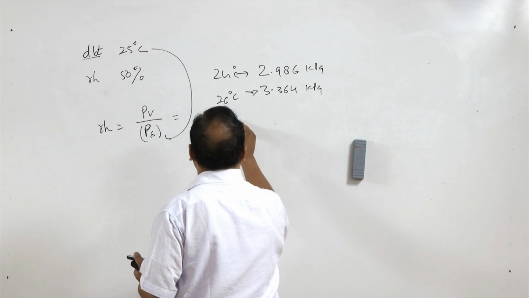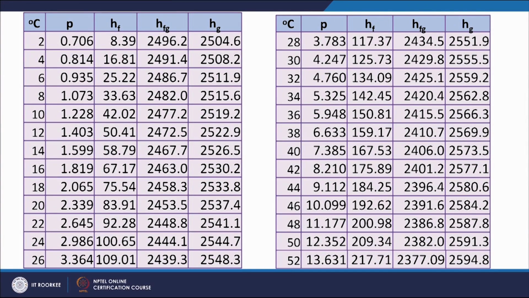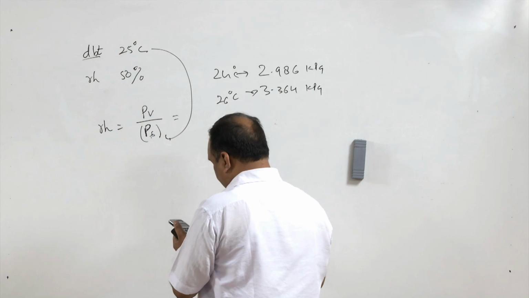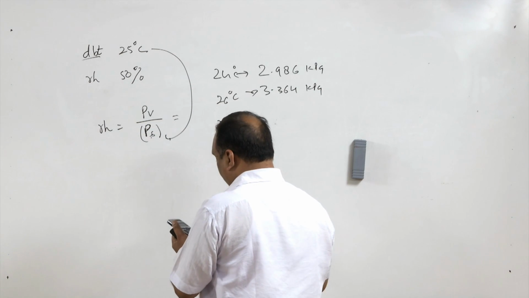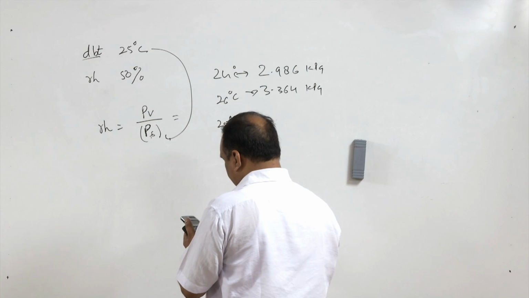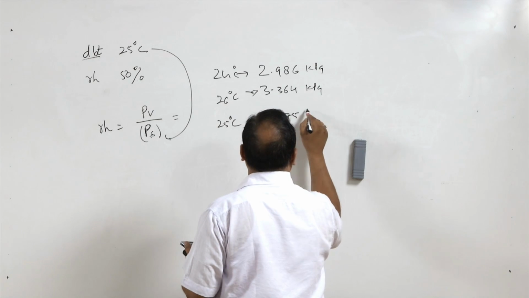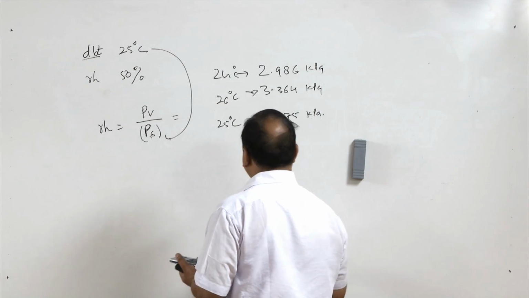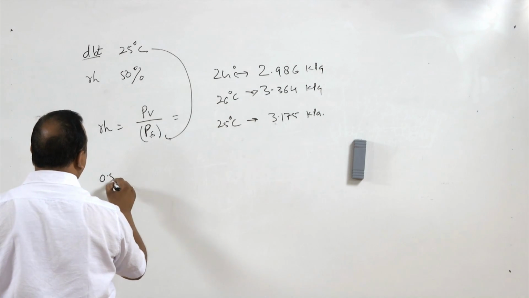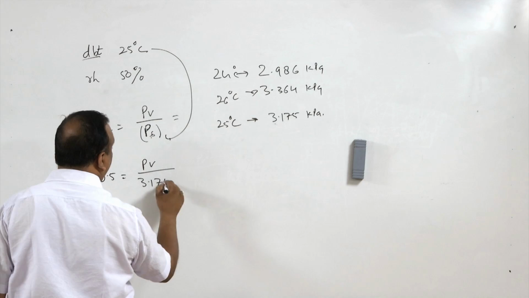So, at 25 degrees centigrade it is going to be 2.986 plus 3.364 divided by 2, 3.175 kilopascal. Now, relative humidity is 50%, so 0.5 is equal to PV divided by 3.175.